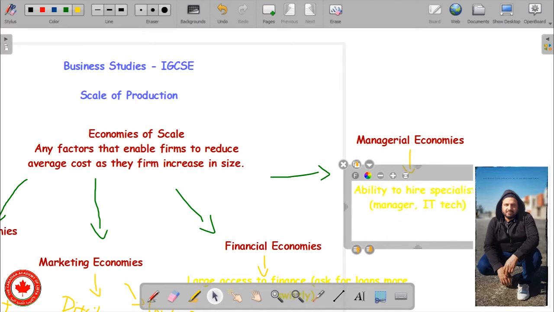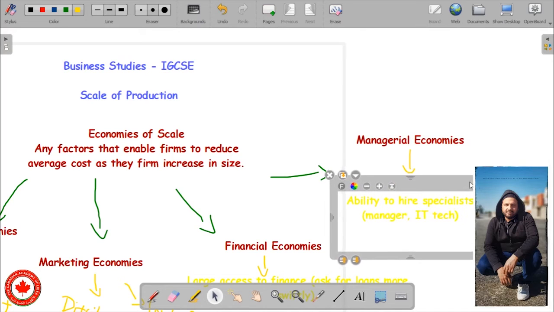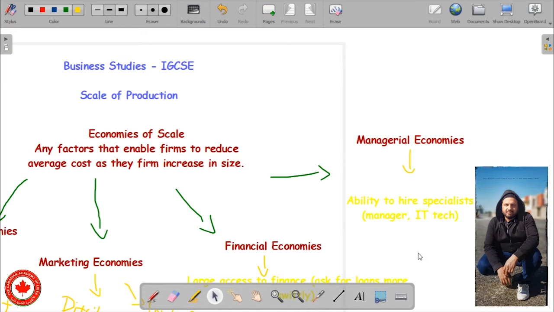These specialists, they will cost money. Small firms cannot pay for such unique staff or specialized staff.